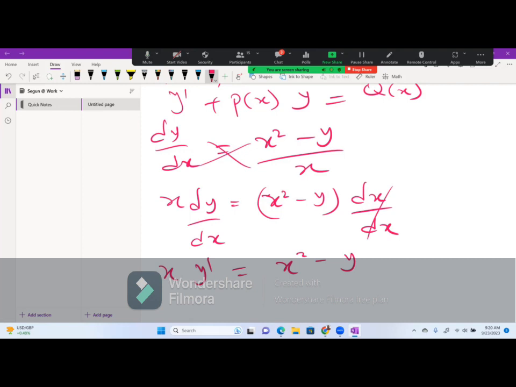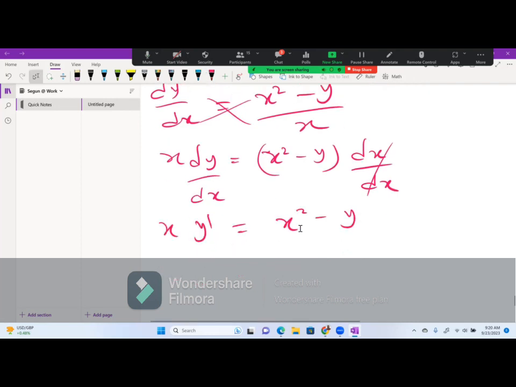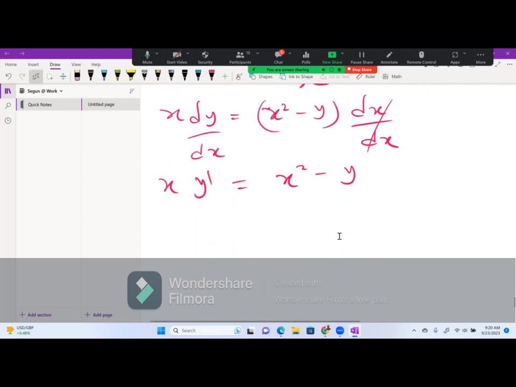Remember, I still need my y and x to swap. So what do I do? Multiply both sides by x. So you have x y prime plus y equals x squared. This is what we have.